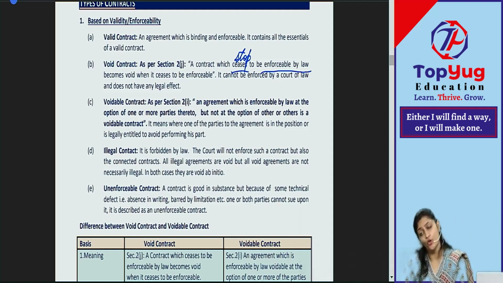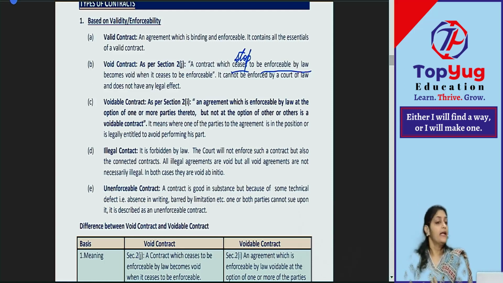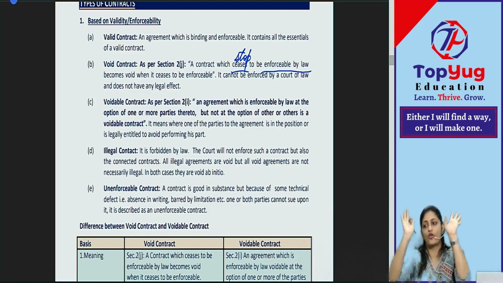That means whenever you entered into the contract, you had the support of law. Something happened because of which now you don't have the support of law. It was valid, but after entering into the contract and before performance of the contract, something happened. Now the law is saying we will not support you.